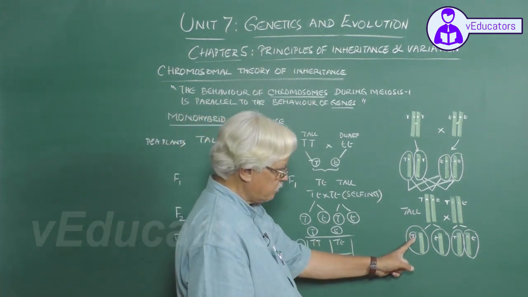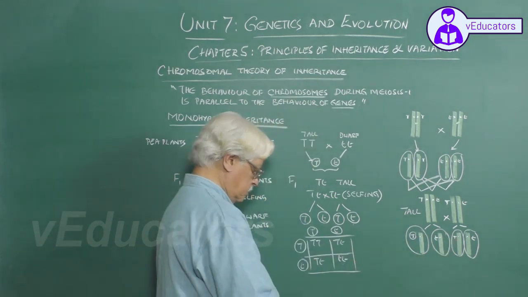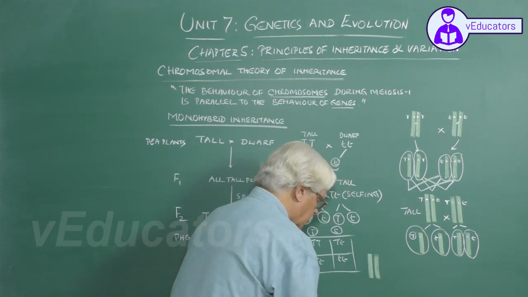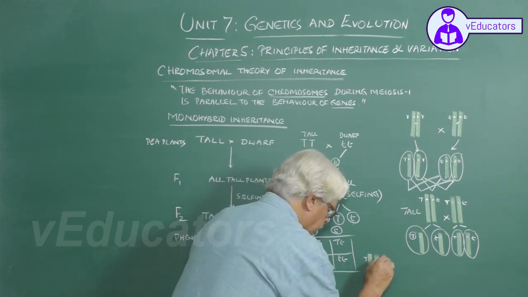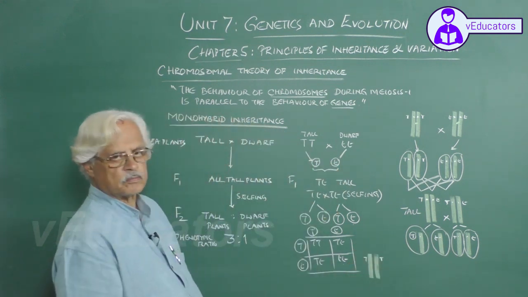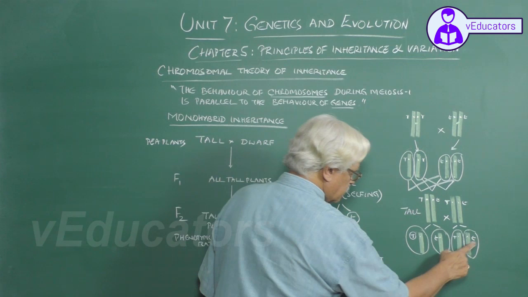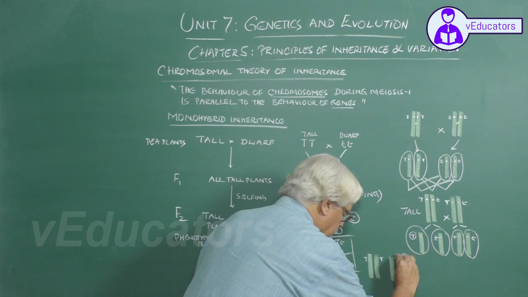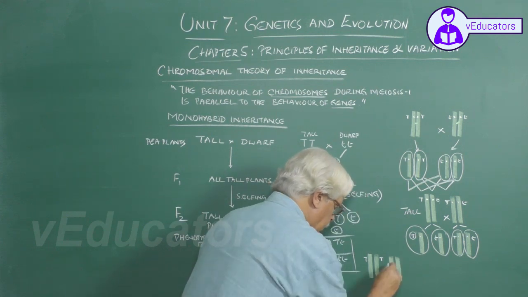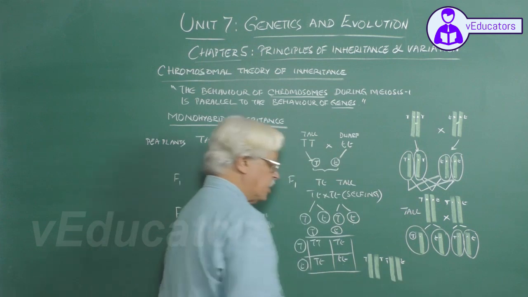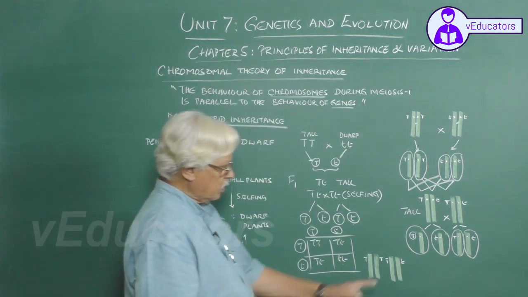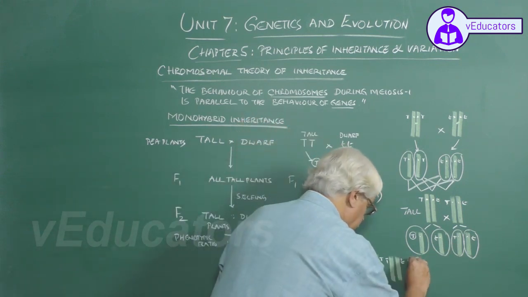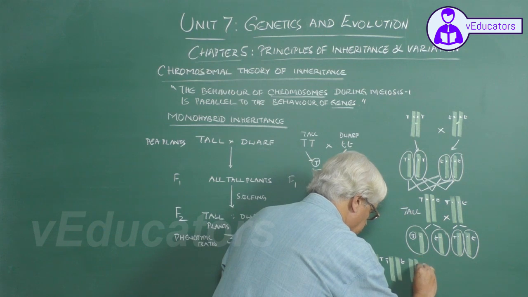When this gamete fuses with this gamete, it will be capital T, capital T. When this gamete fuses with this gamete, it will be capital T, small t. Again capital T, small t.